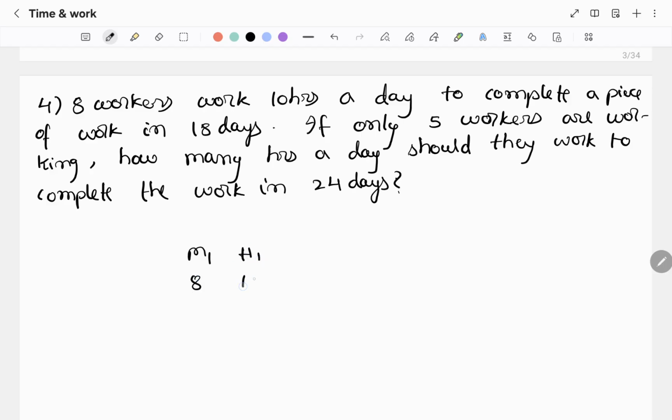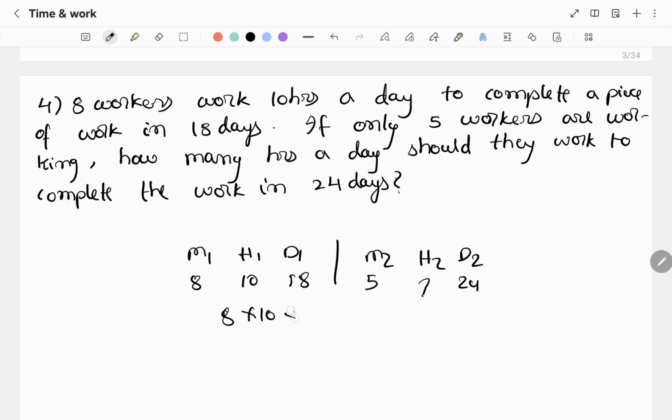H1 is equal to 10, to complete a piece of work in 18 days. D1 is equal to 18 days. M2 is 5, working how many days? D2. And how many hours in a day? Okay, so this is H2 they are asking. D2 is given as 24. So multiply all this and equate.